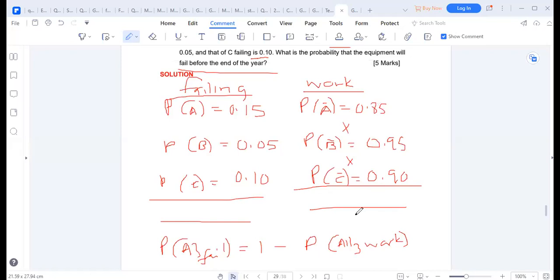Okay, 0.85 times 0.95 times 0.90. What is it giving you? To give you 0.7267.